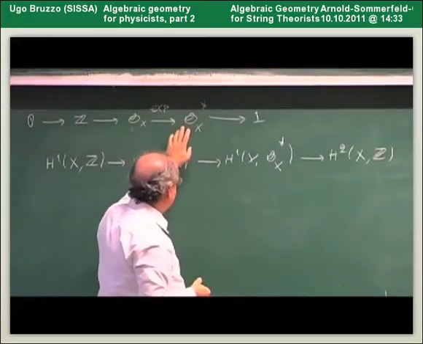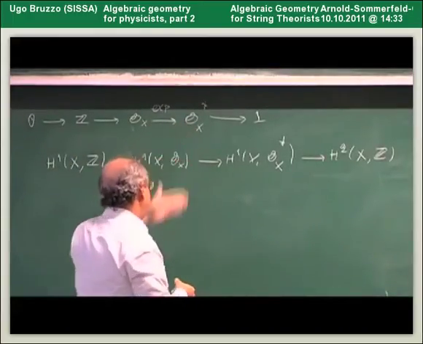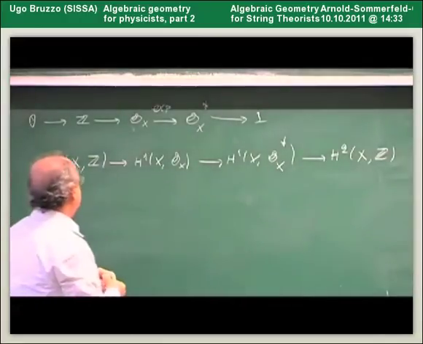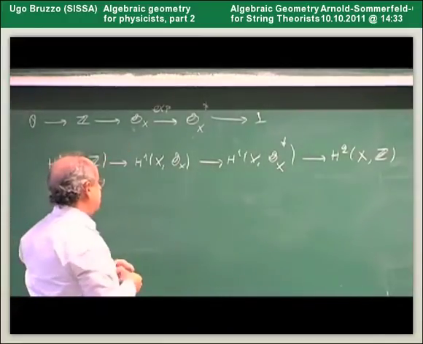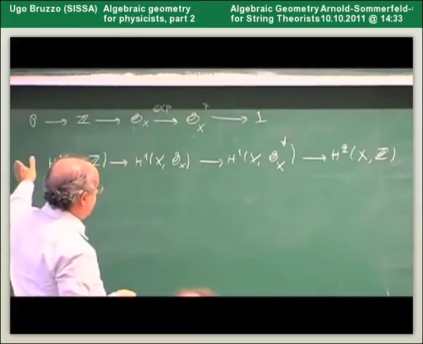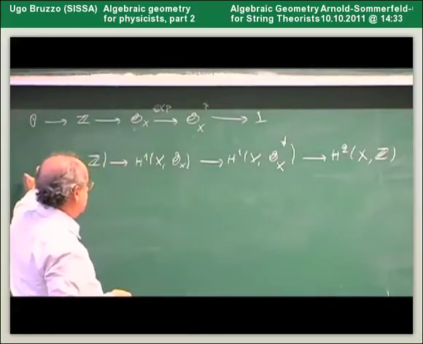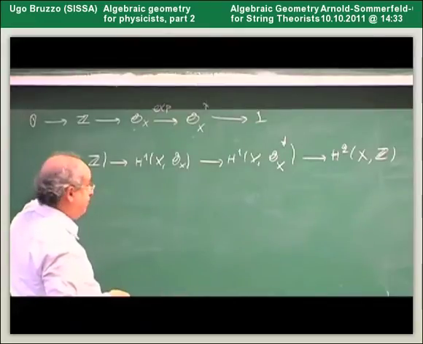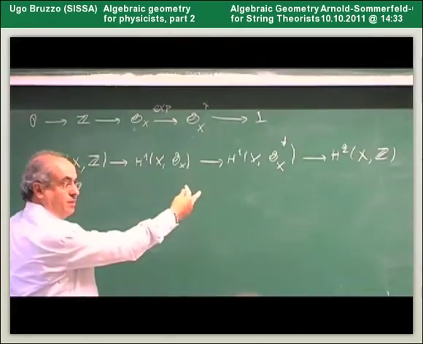You remember this morning we saw that when we have a short exact sequence, you should go through an intermediate step where you use this to construct some morphisms between complexes, and this will, at the end of the day, produce a long exact sequence in cohomology. I wrote just a piece of it.